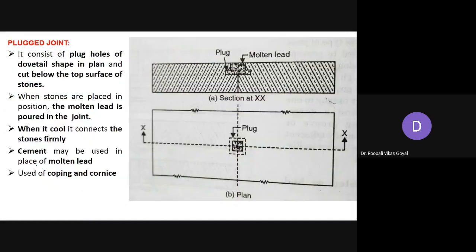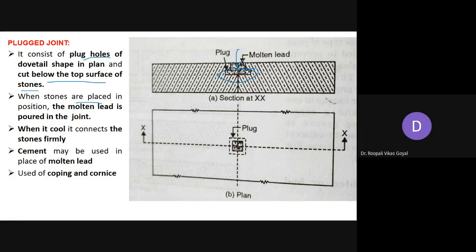Next is plugged joint. Basically it consists of plug holes of dovetail shape in plan. So here the hole is made of dovetail kind of shape, cut below the top surface of the stone. So on the top surface of the stone, we will create a dovetail-shaped hole, and when both the stones are placed in position, the molten lead can be applied.